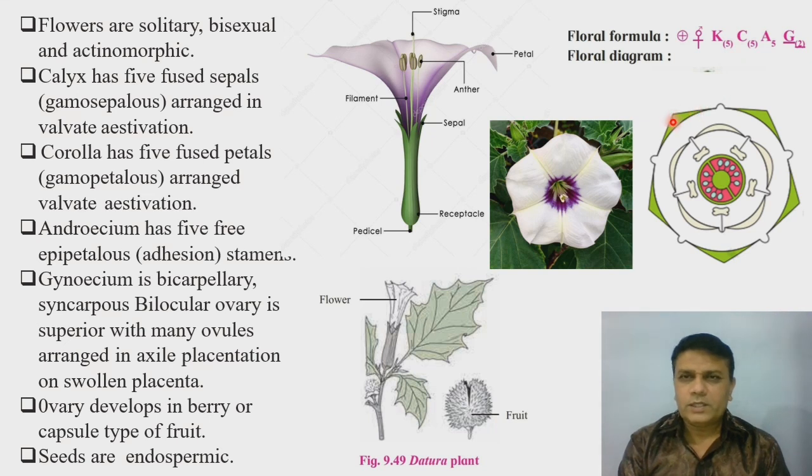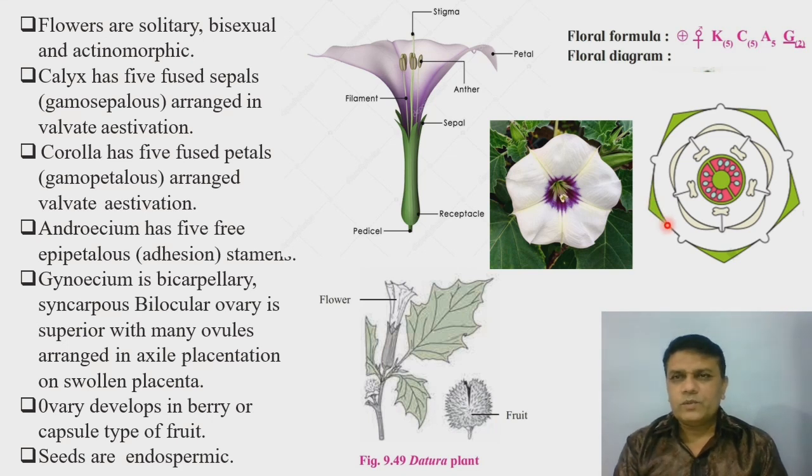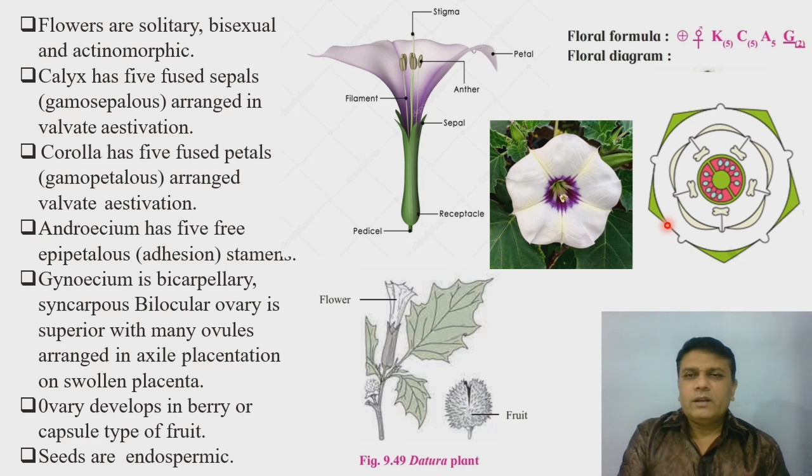Here we can see there are a total of 5 sepals, and these sepals are fused with each other, and such a calyx which shows fused sepals is called gamosepalous calyx, and the calyx also shows valvate aestivation. Then C indicates corolla.